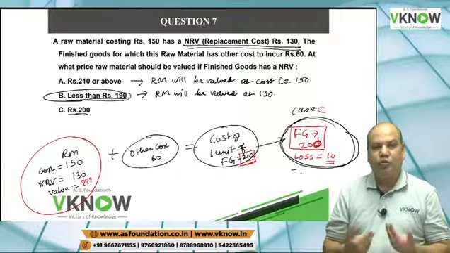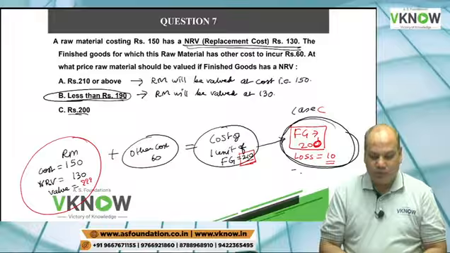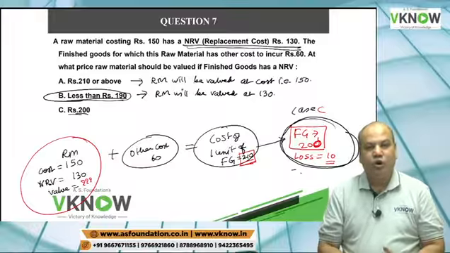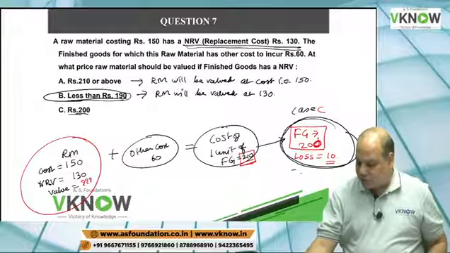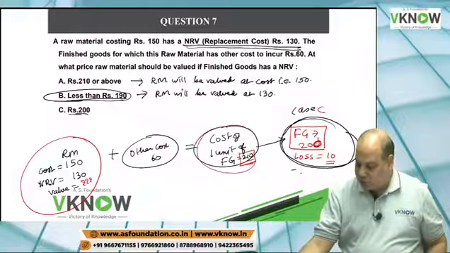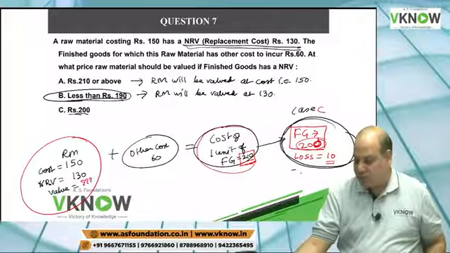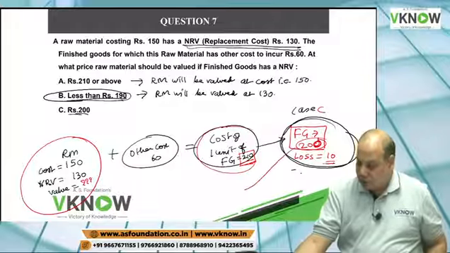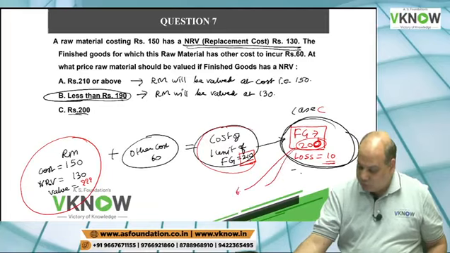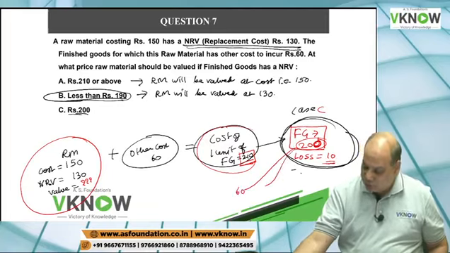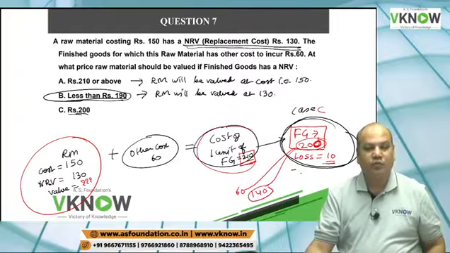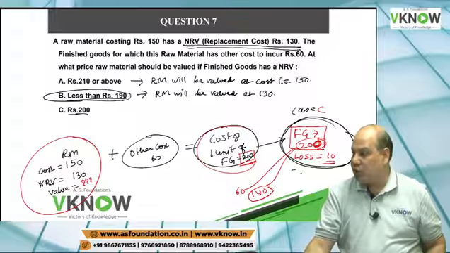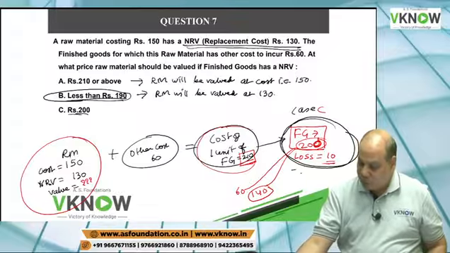That means 10 rupees you are not able to recover. So if suppose this raw material is used in manufacturing finished goods, you will recover 200 rupees, suffer loss of 10. Out of this 200, 60 is other cost, which means 140 of raw material you are able to recover, right?